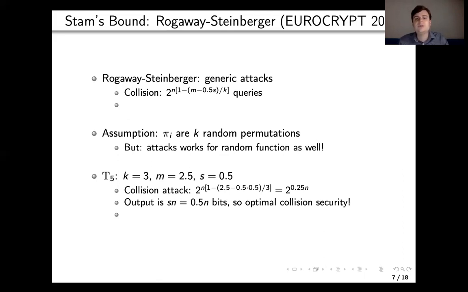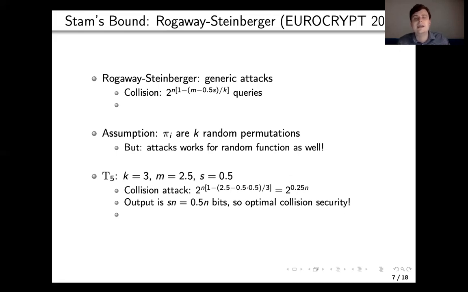However, let's recall that we are looking here at an output of 0.5 n bits using the formula as Rogaway and Steinberger provided them. So actually, this means that the collision security can be optimal for such a construction.